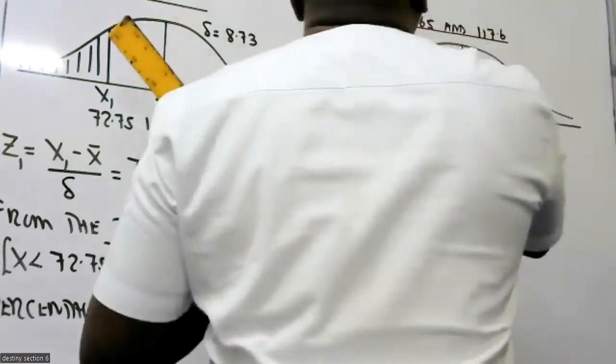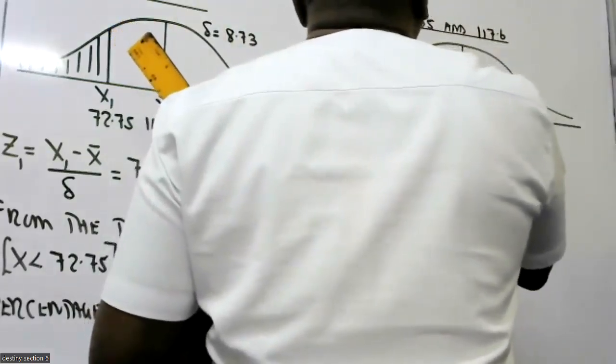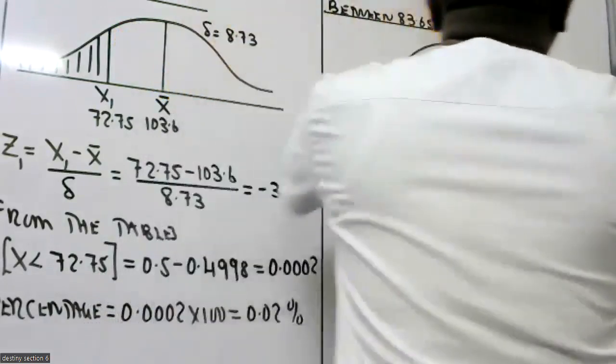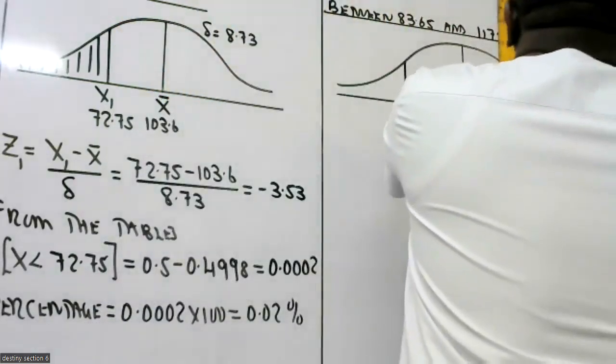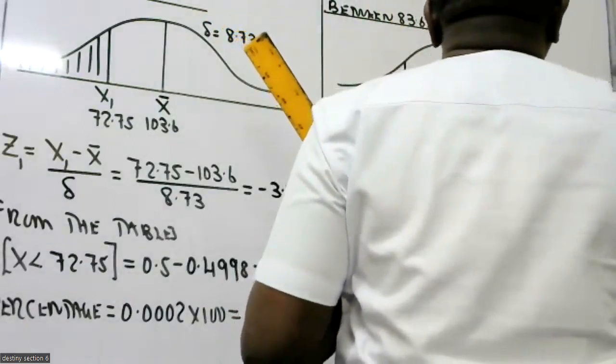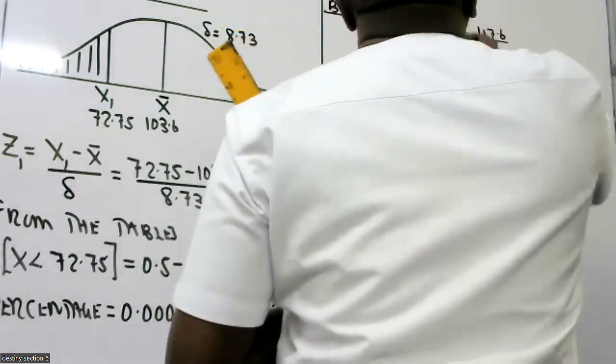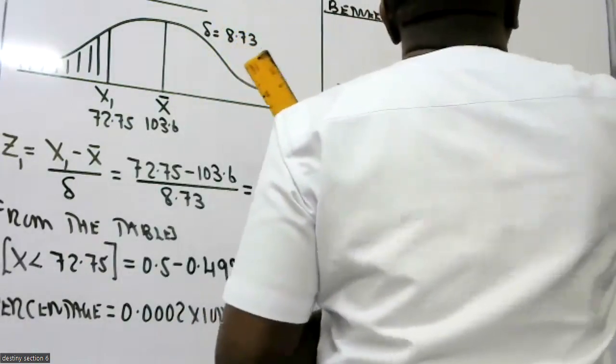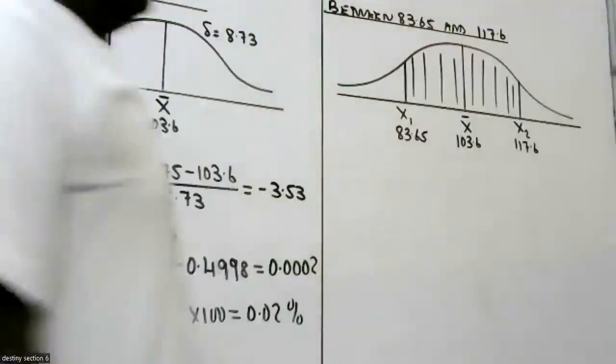X1 here is 83.65. And then X2 here is 117.6. So if you're looking for between, this is where you put it.